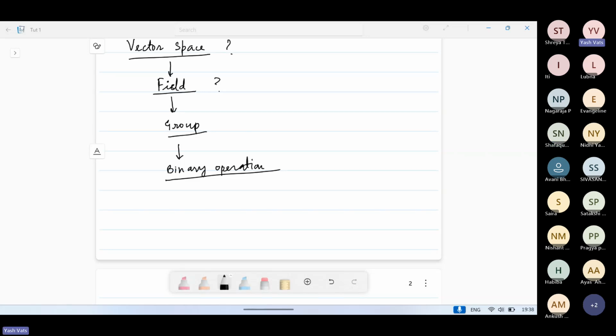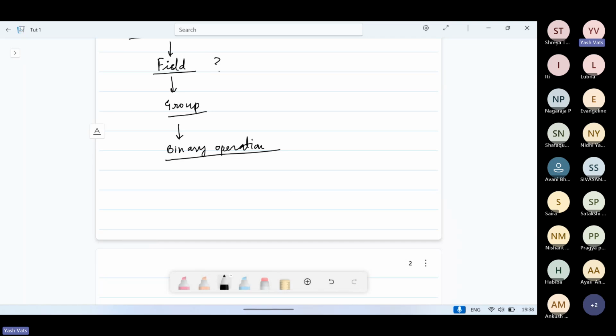So what is a group? Let's define that. Okay. So a group is basically, first define what is a binary operation.